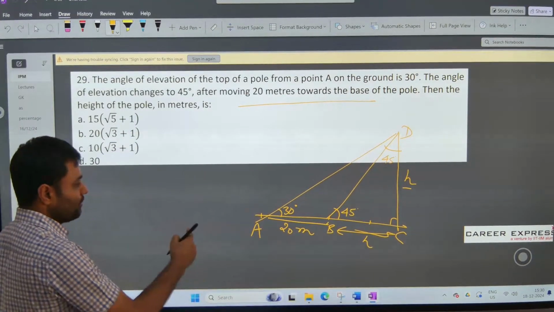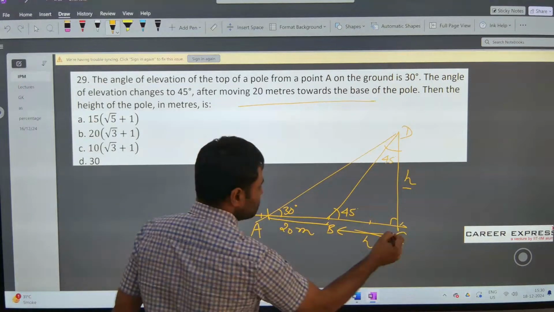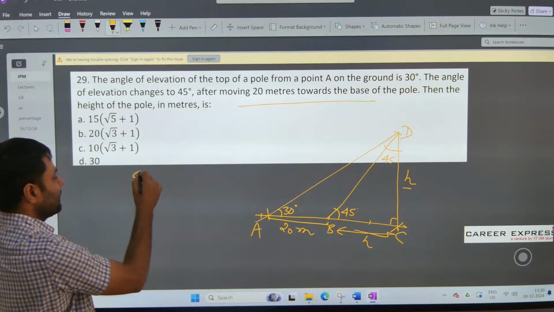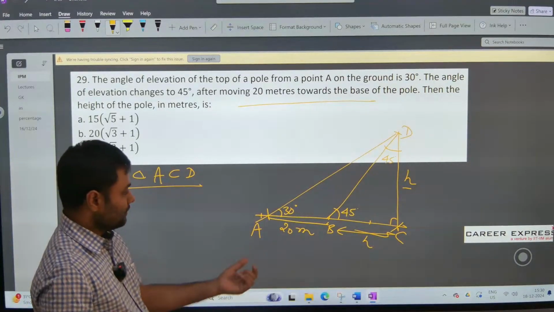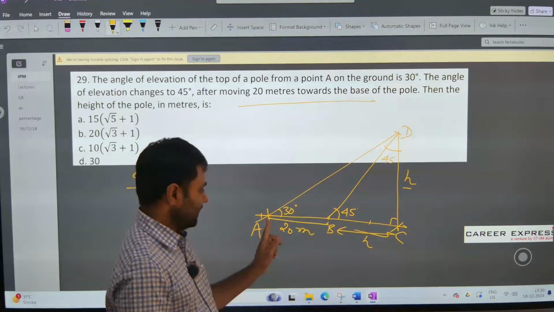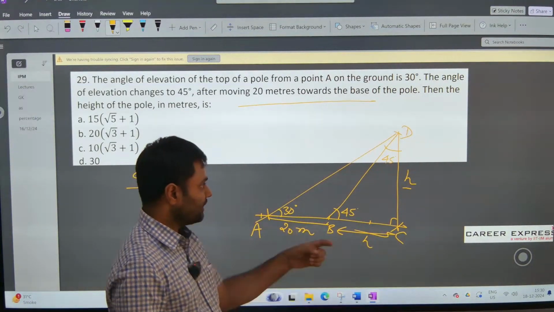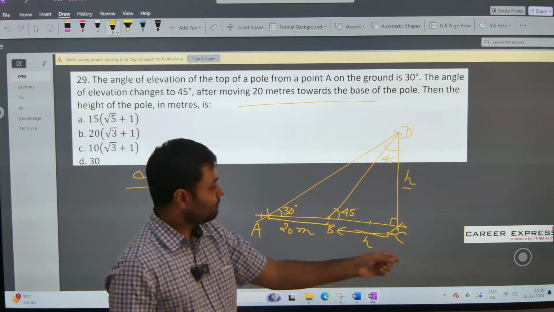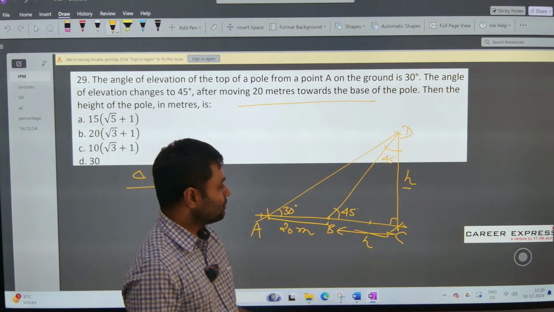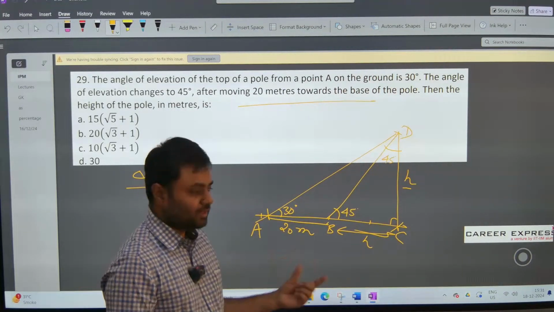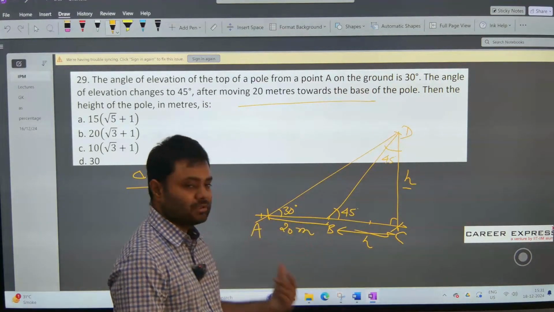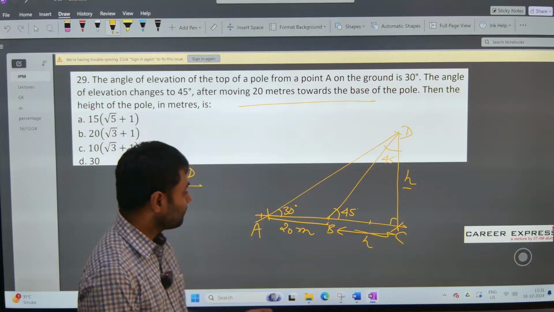Now we can talk about this triangle ACD. In triangle ACD, we can write this length AC, which is h plus 20, and we can also write this length, which is h. We have assumed h. Because we know the opposite side and the adjacent side, we can use these two sides to write the ratio, which is equivalent to tan theta.